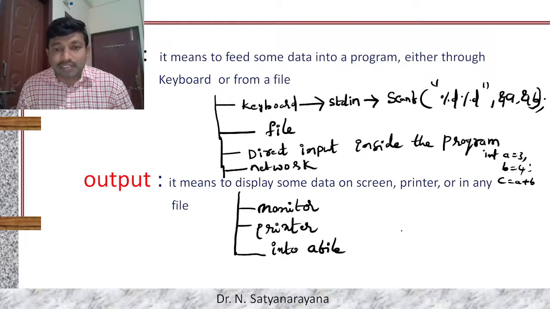All are possible, but initially we look at printing the output on the monitor. The monitor is normally represented as the standard output device. This is represented with the help of the pointer stdout.